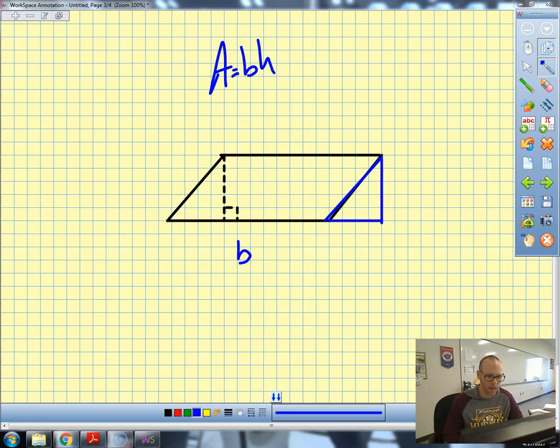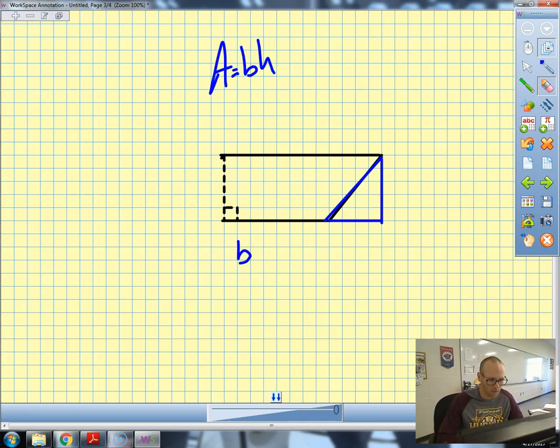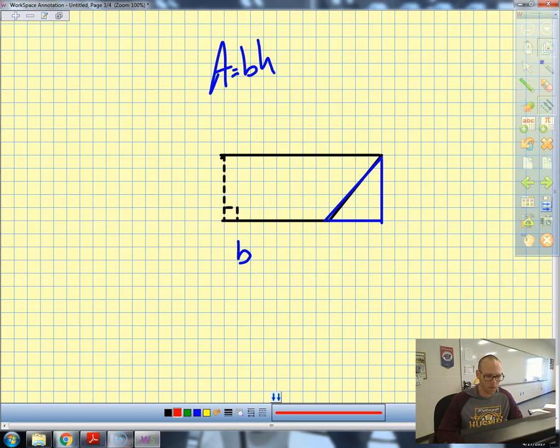Now, when I do that, all this is gone. And when I look at my big shape, I have a rectangle.